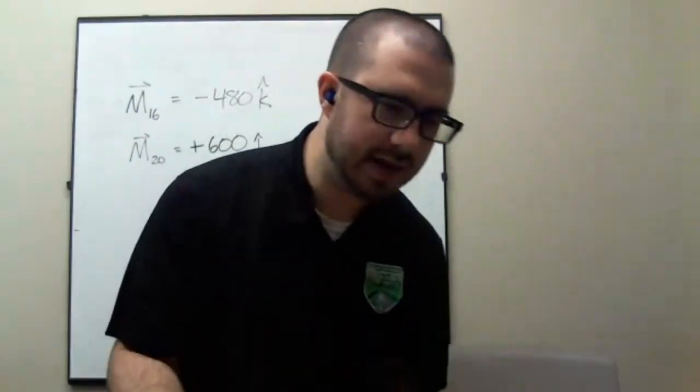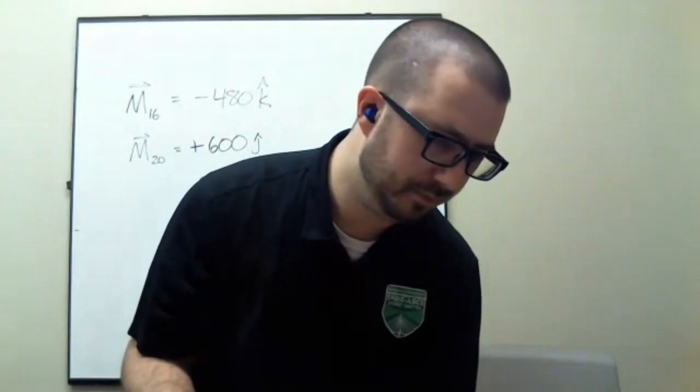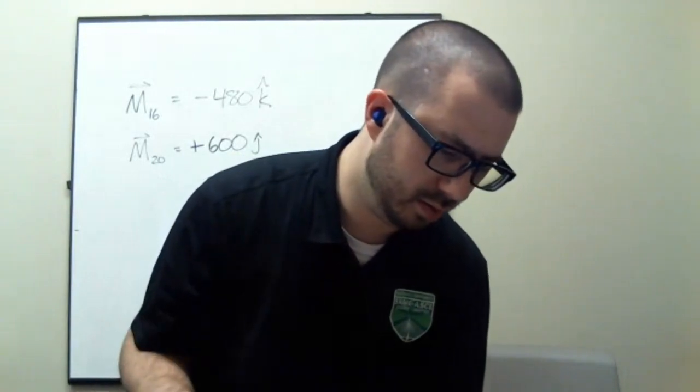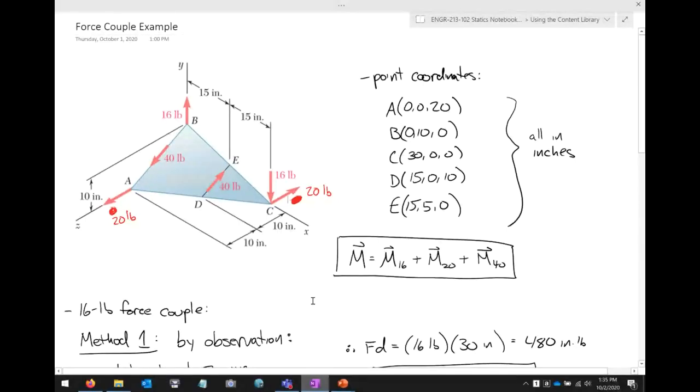Now, when you look at this example, look at the 20 pounds and ask yourself which axis it's rotating about. That 20-pound force couple rotates about the Y. Does that make sense?